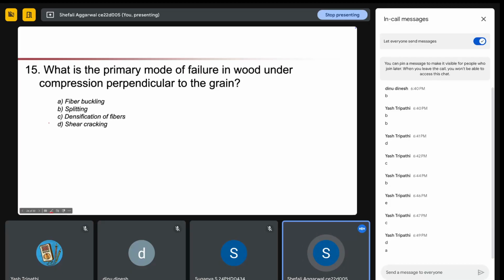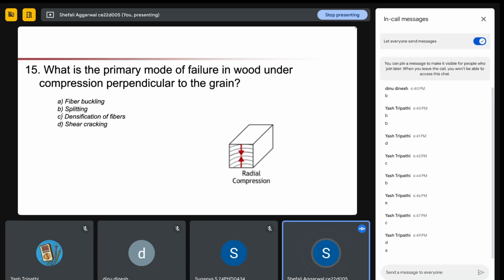Next question is, what is the primary mode of failure in wood under compression perpendicular to the grain? Fiber buckling, splitting, densification, or shear cracking? So if we see the diagram, along the grain, perpendicular to the grain, if there is compression, what is happening?